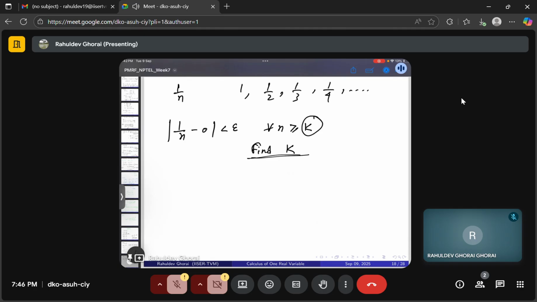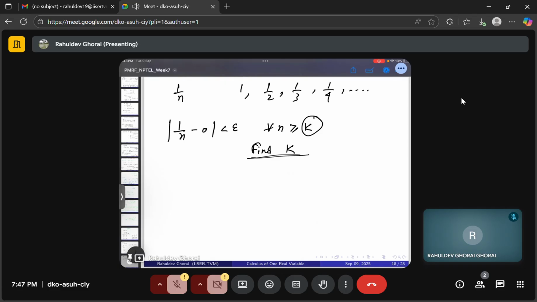Now for every epsilon, however small that epsilon is, you will find a finite number k, which depends on epsilon of course, but after that number, all the points of the sequence will be that much closer to the limit. So how do you show that 1 by n is less than epsilon? See, this one is very easy.